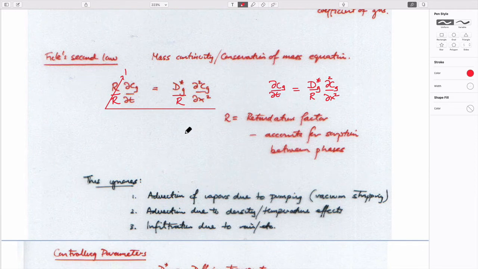And so this doesn't include convection. We could, if we wanted to, I suppose, add a term which is advective gas flow divided by retardation and dc dx, as we had before. This would be the advective term.